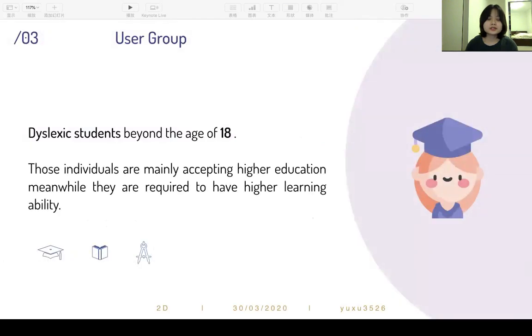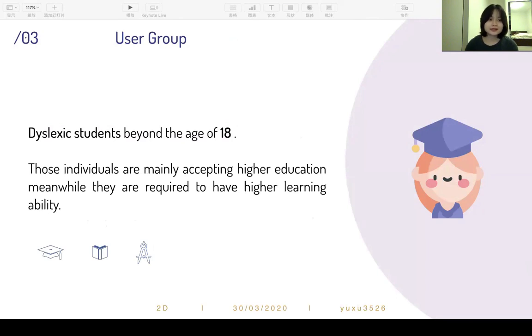Further research and details on dyslexia, including its causes and its influence on behavior and emotion, can be seen in the appendix.